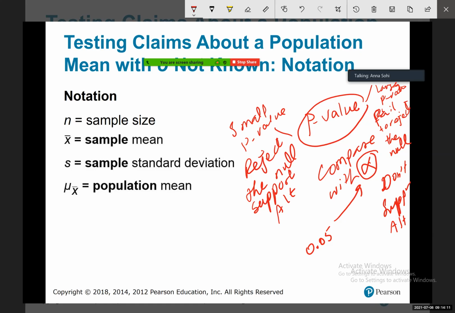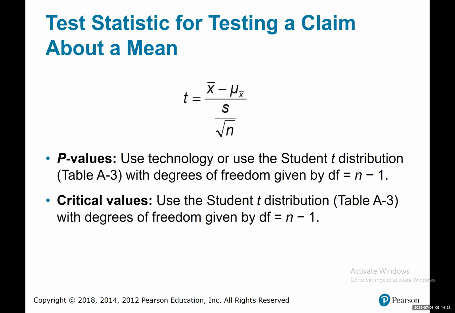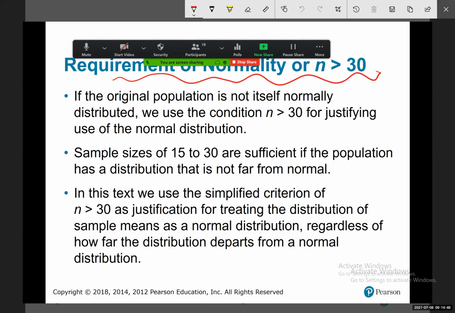Here are the notations: n, x bar, s, mu, and so forth. We don't need the formula; we're going to use our calculator. The requirement is that the data is normally distributed or n is greater than 30.